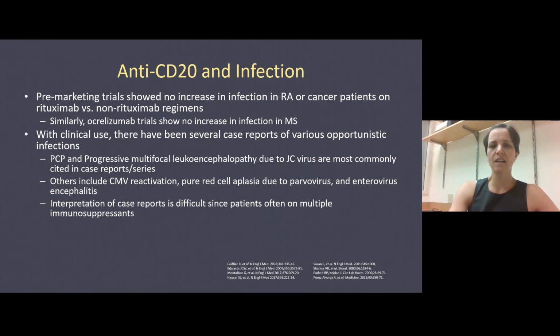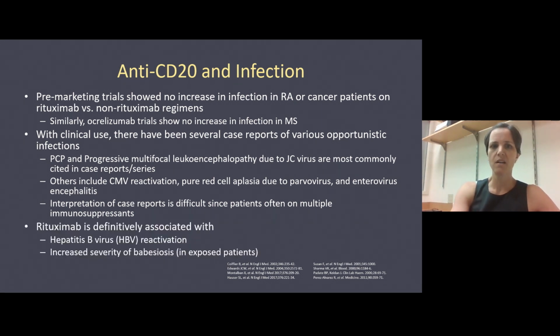Case reports can be unreliable in this patient population because some of these patients have been on, or are concurrently on, multiple immunosuppressants. That means that what they're reporting is not directly linked to rituximab or an anti-CD20 antibody. Rituximab, and by default we think of the other anti-CD20 antibodies, as being associated definitively with hepatitis B reactivation, and then an increased severity of babesiosis in people who are exposed.